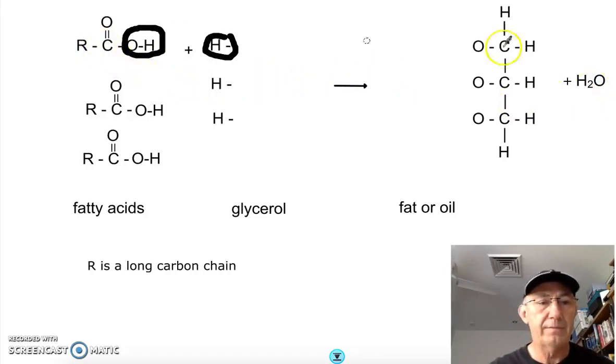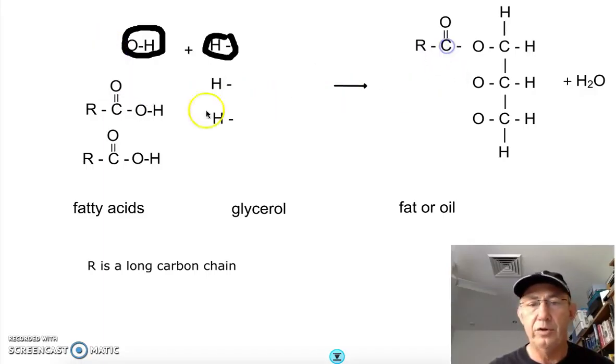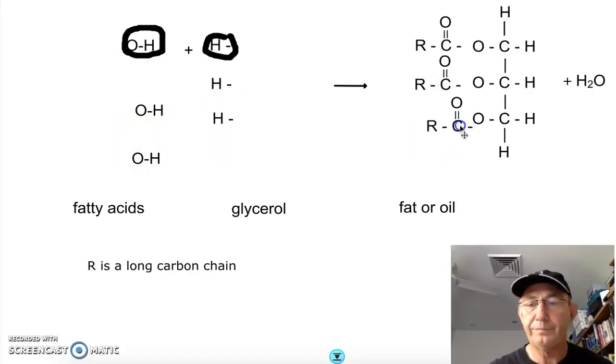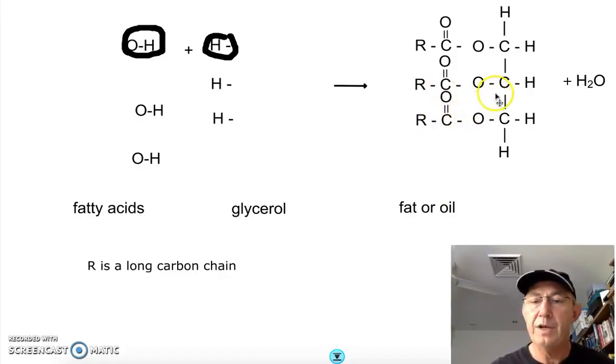What's left is now going to react. So my alcohol is now going to join to 3 different carbonyl groups. So this is my general structure of a fat or an oil.